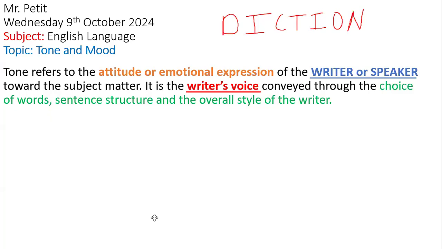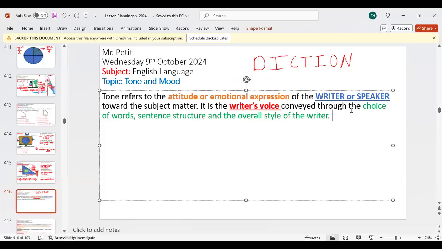Very good. Okay, so whatever device that the writer chooses to use, whatever combination of devices, that helps with their tone. Whatever sentence structures they choose, that helps us to identify their tone, right? Whatever words they use, that helps us to identify their tone, right?